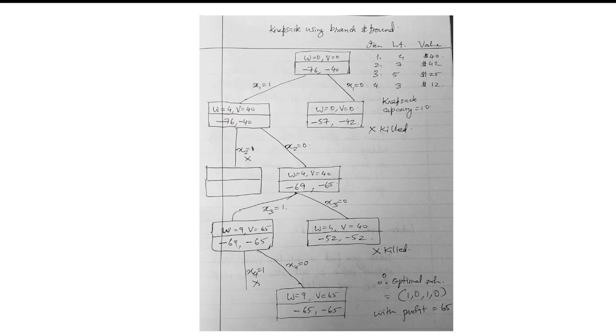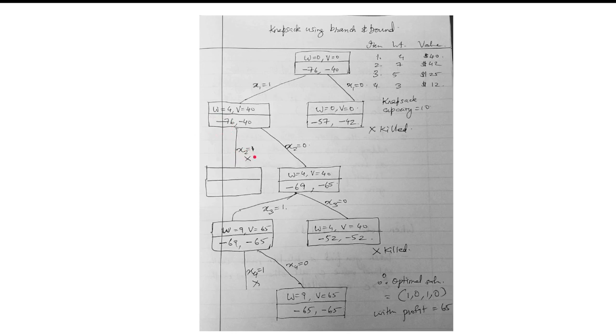You check the lower bound and you explore the node which has the lower C cap value, right? Because your objective is to minimize. Okay, so you expand this node.